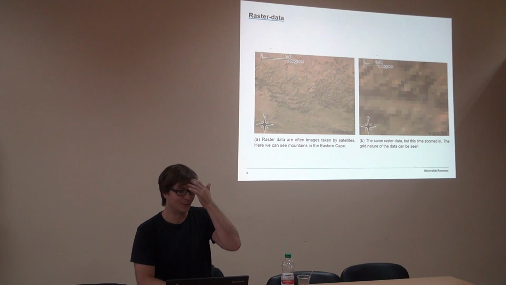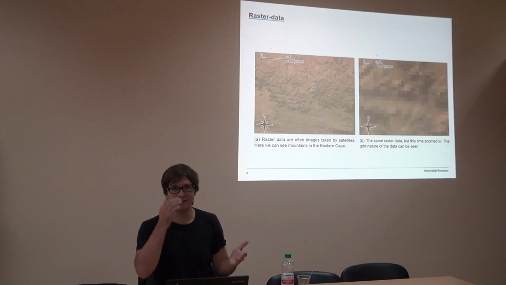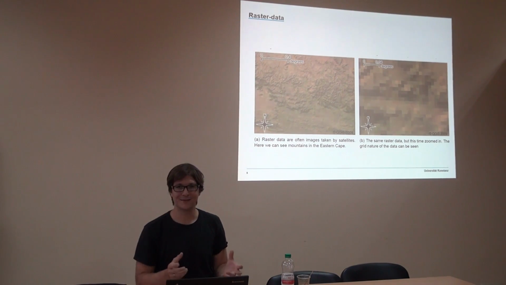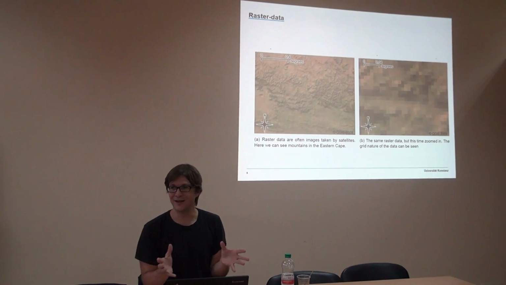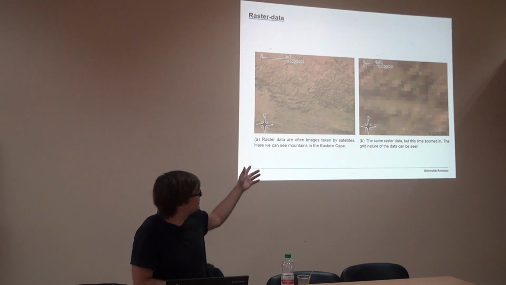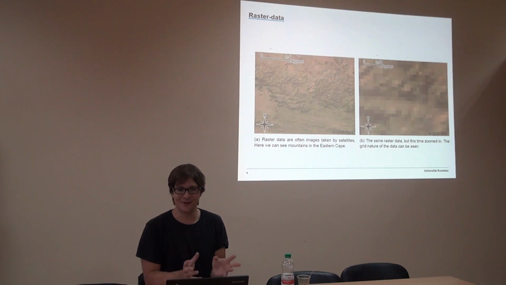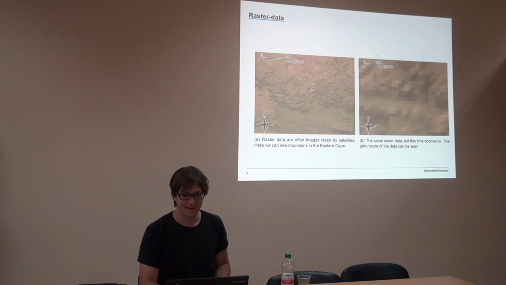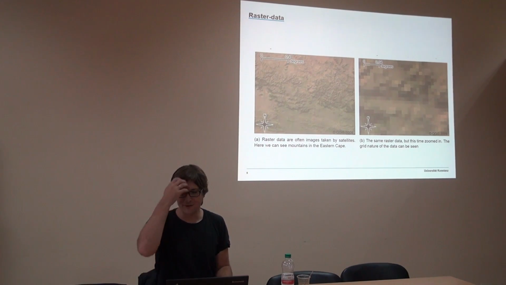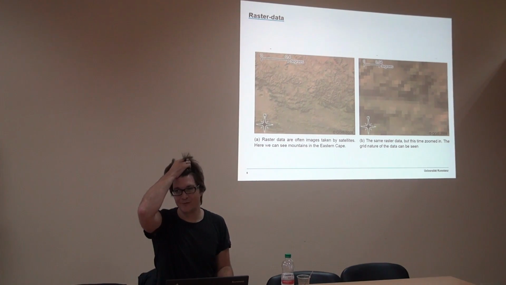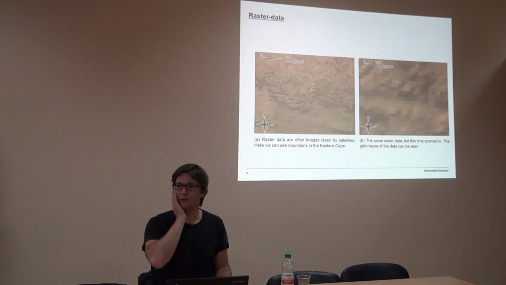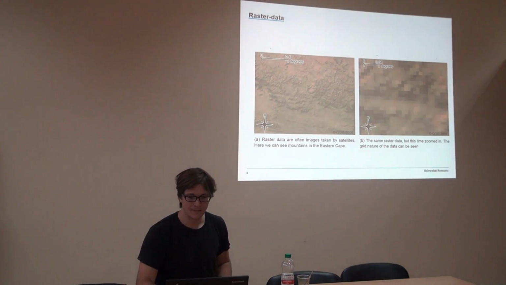One characteristic of raster data is that you only have the resolution that you have. When you zoom in, it gets very pixelated, and you don't have more information. This is something we don't work with very often because it's more the domain of geologists and so on. But sometimes we have raster data.